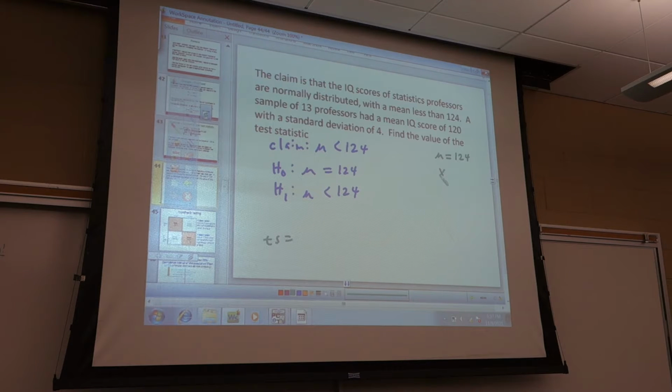My X bar is something else, my S is something, and my N is something. Find those somethings and plug them in. Oh, and second thing is, find the numerator and the denominator separately. Then divide them.